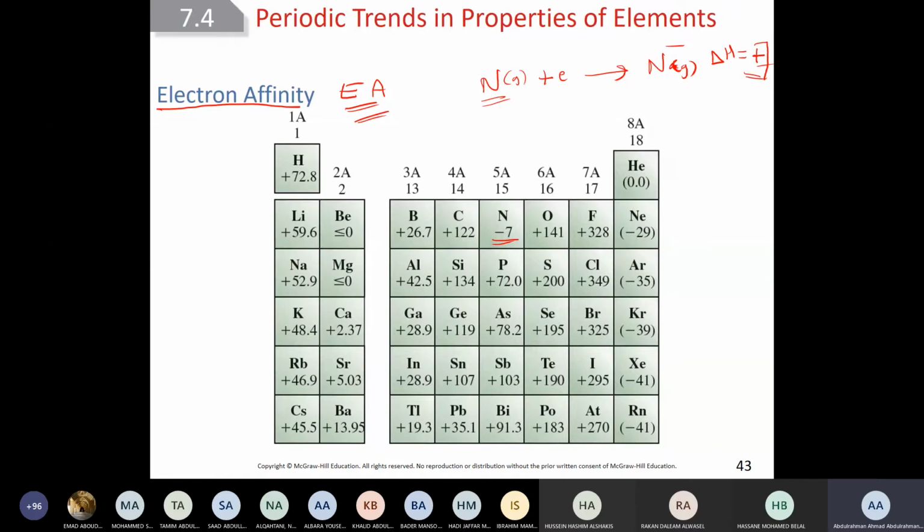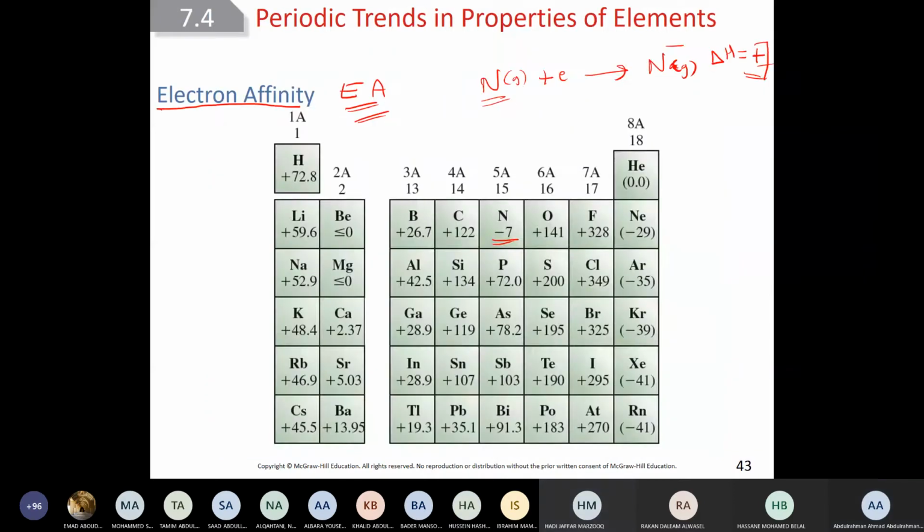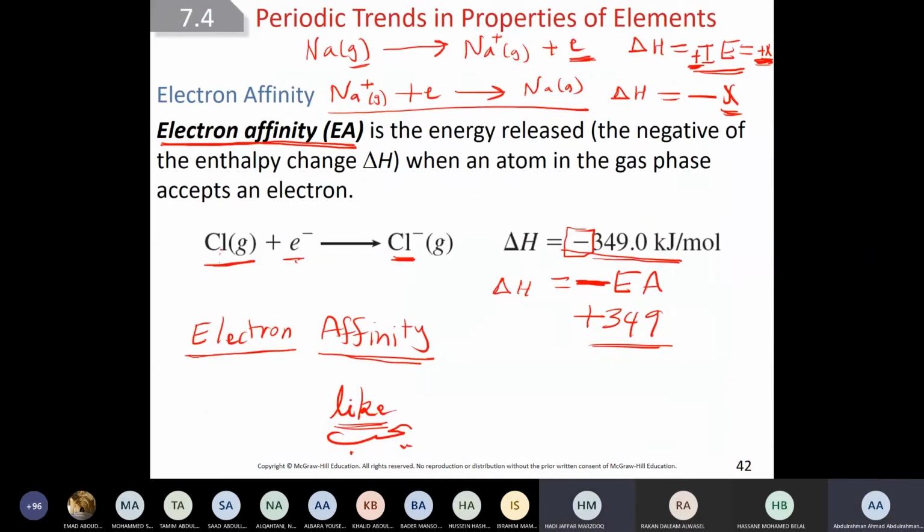Why is it plus? By agreement, delta H is minus electron affinity. Keep this in mind.